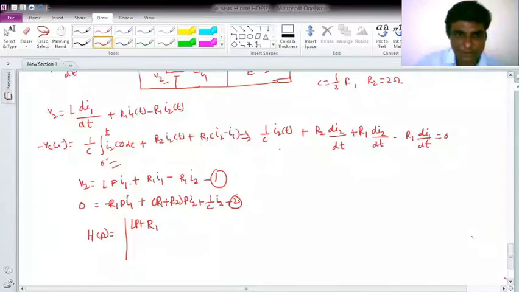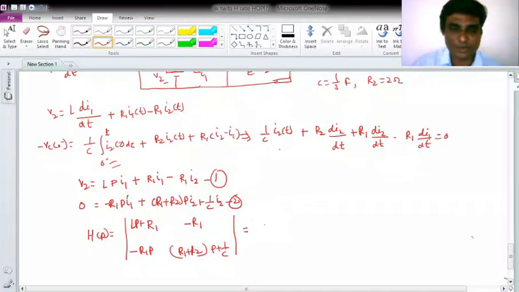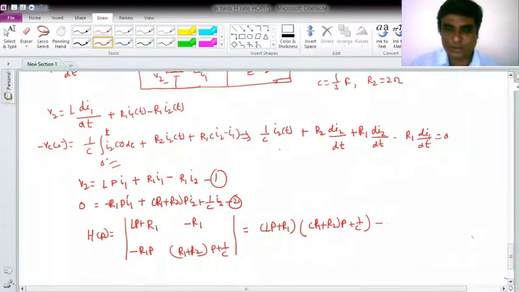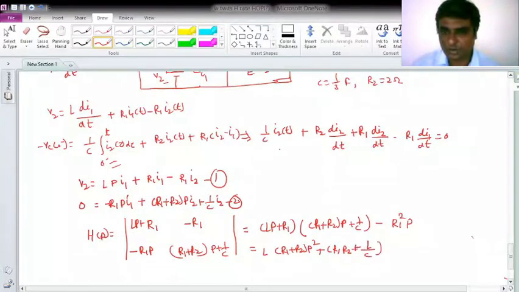So LP plus R1, minus R1, minus R1P, and R1 plus R2 P plus 1 over C. If I find the determinant, it will be (LP plus R1) into ((R1 plus R2) P plus 1 over C) minus R1 square P. If you expand it, it will be L(R1 plus R2) P square plus (R1 R2 plus L over C) P plus R1 upon C.